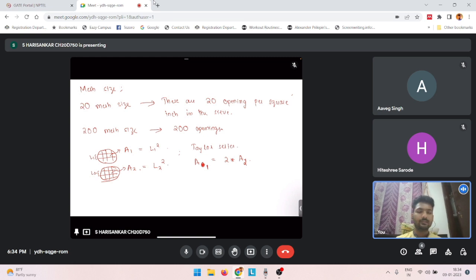So A1 is equal to 2 into A2, or you can write L1 square is equal to 2 into L2 square. So if you take the ratio L1 by L2, that will be equal to root 2. This will be the ratio of the lengths of the openings of adjacent meshes in a sieve. This is just some extra data that you can note down if you want. But that is how meshes are usually designed.